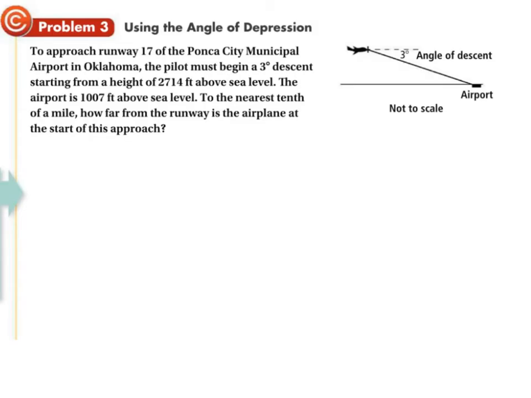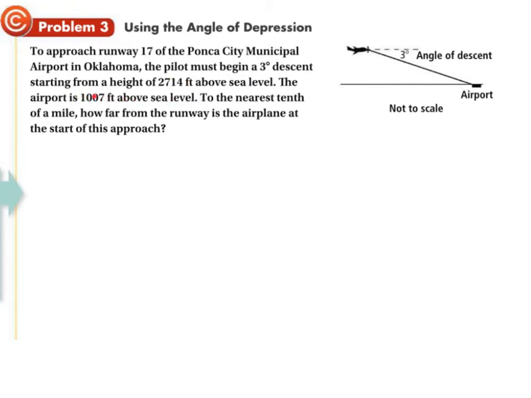Okay, this problem has some cool math in it. To approach runway 17 of the Ponca City Municipal Airport in Oklahoma, the pilot must begin a 3-degree descent right here, starting from a height at 2,714 feet above sea level. Now, this doesn't mean 2,714 feet above the airport, because the airport is 1,007 feet above sea level.